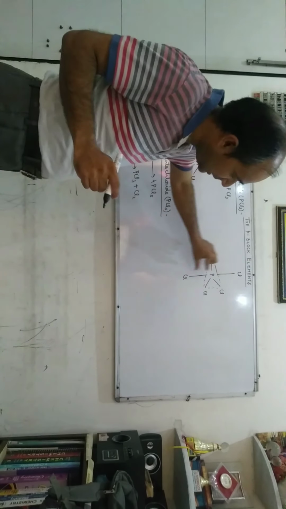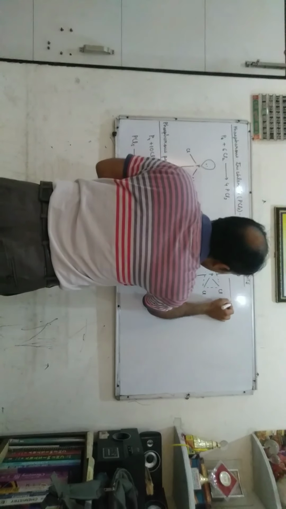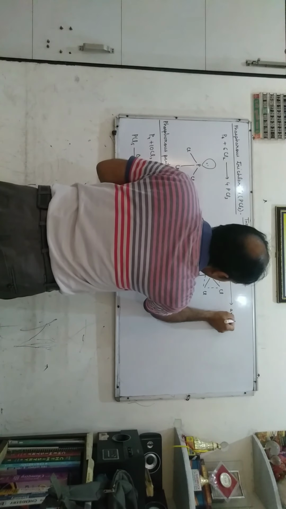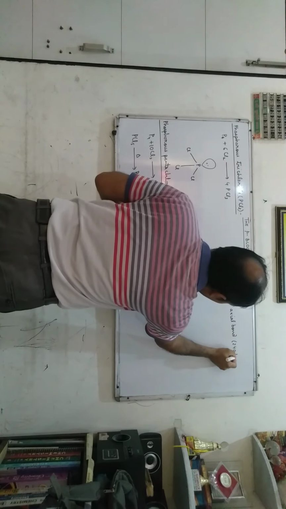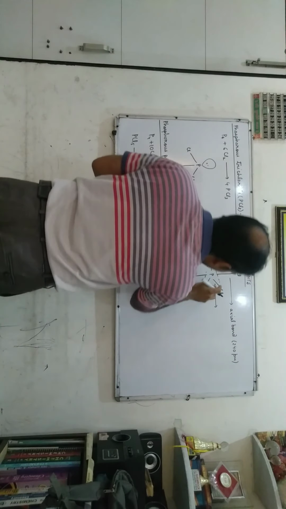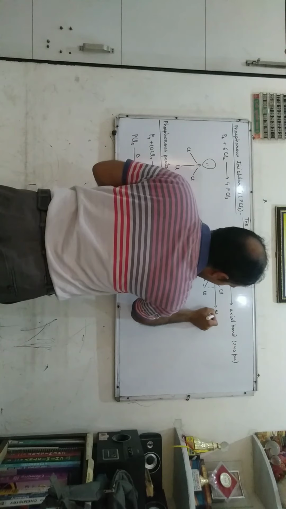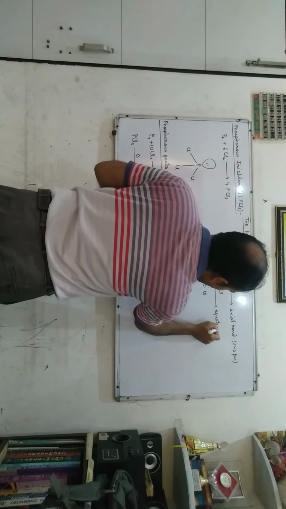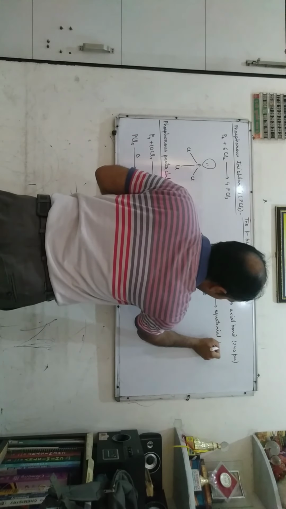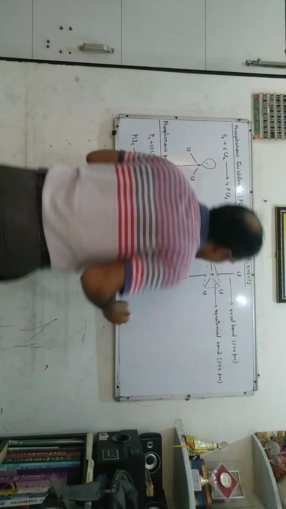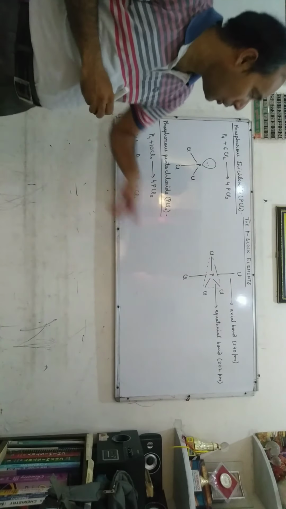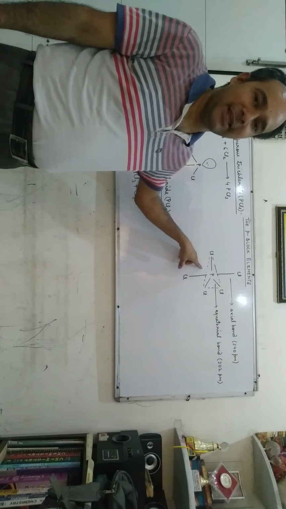The two vertical bonds are the axial bonds. These have a bond length of approximately 240 picometers, while these three bonds are the equatorial bonds, which have bond length 202 picometers. It should be noted that all P-Cl bonds in PCl5 are not equivalent.